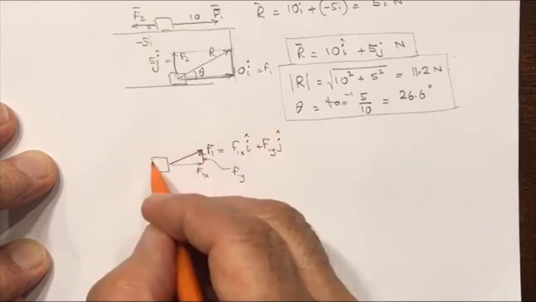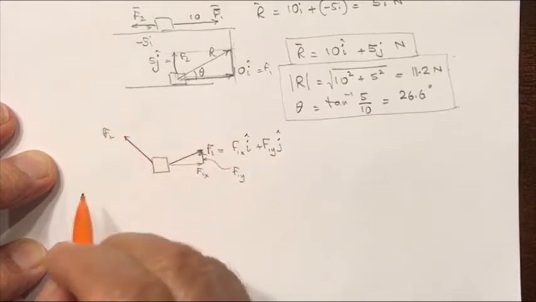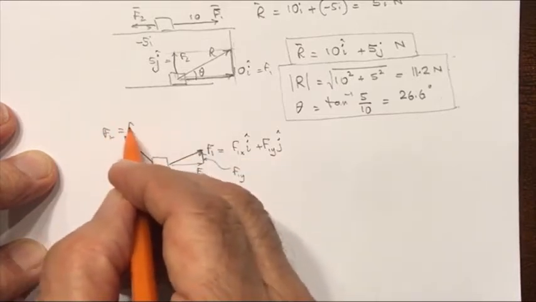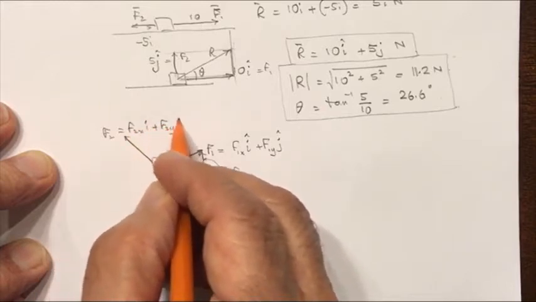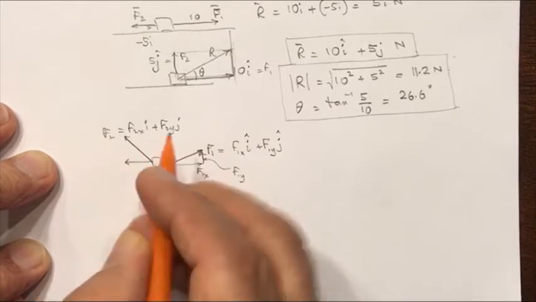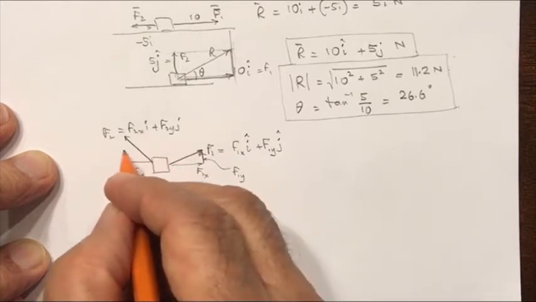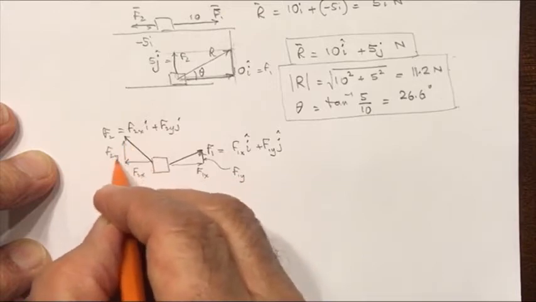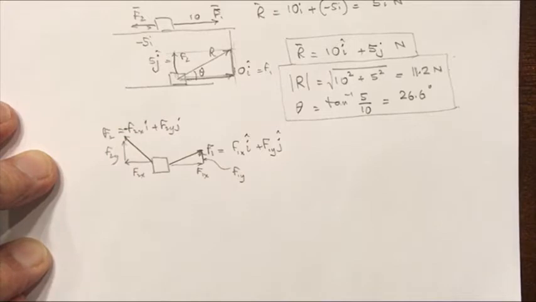And let's say the other force is this way. This is F2. So F2 would be written as F2x i and F2y j, and this would be the F2x, and this would be the F2y. Well, this being negative, we could put a negative here.